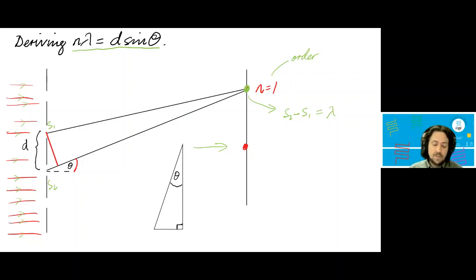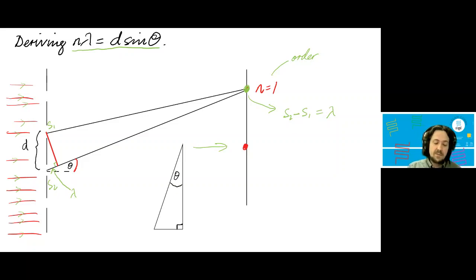And therefore, I know that this distance here must be lambda, because if I draw a little right angle triangle here, then we can see that that extra distance traveled must be equal to lambda for there to be a bright spot. So I can label that as lambda.